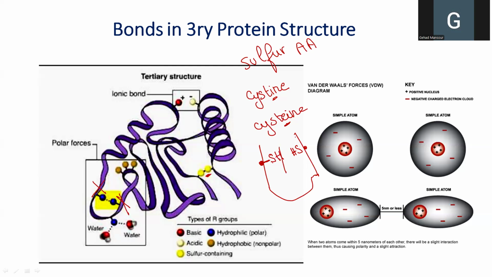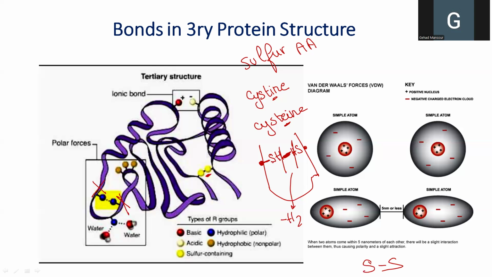So if you remove this hydrogen and that hydrogen, the two sulfur atoms will be forced to bond with each other. So if you dehydrogenate, if you remove hydrogen, you will get this kind of bond, which is SS. And we've talked about this in human biology when we talked about curly hair and straight hair. So these are the types of bonds in the tertiary structure.